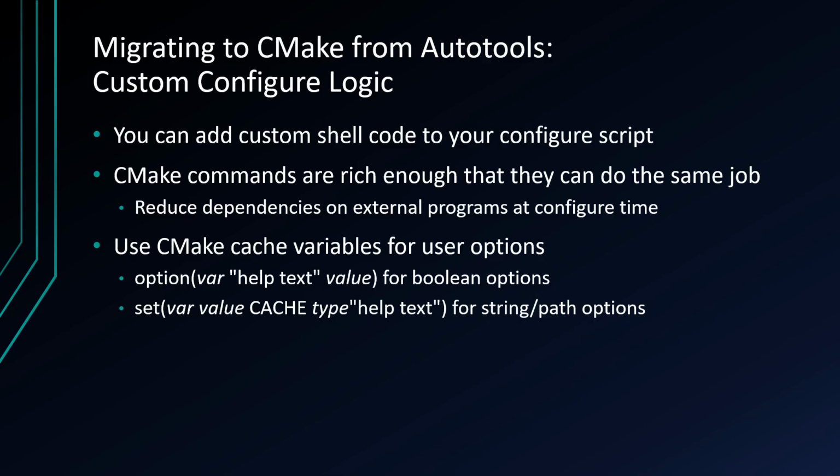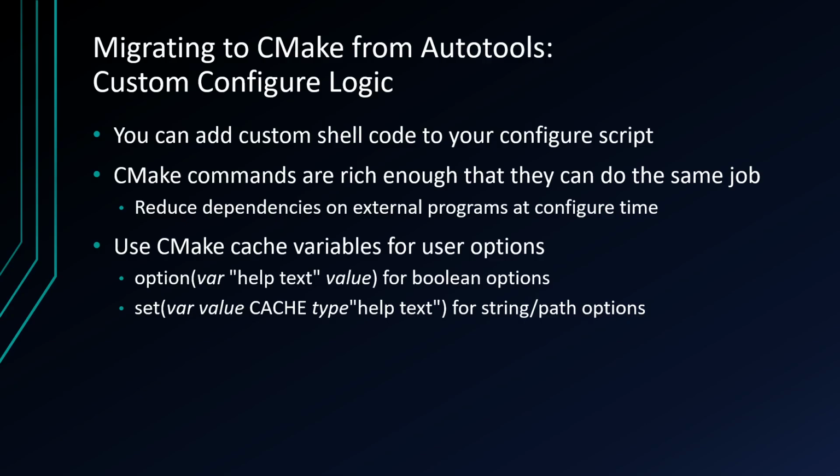The set function can be used to create cache variables. Both the option and the set function, when you're manipulating the cache, have a description string. There's a curses-oriented GUI called ccmake, and there's a graphical front-end program called cmake-gui.